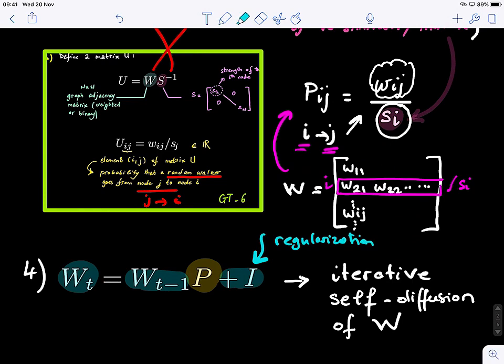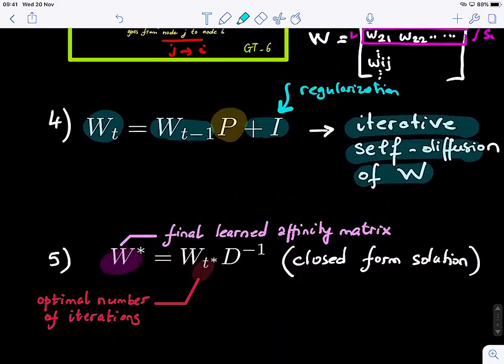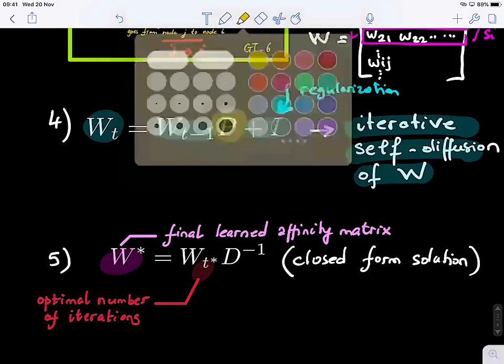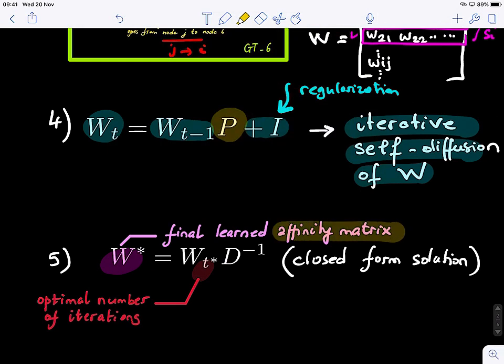So this is exactly the formula that they have introduced, and based on this formula, ultimately they will get W star, the final learned affinity matrix, and also the optimal number of iterations T star. So they're going to iterate over a fixed number of times.